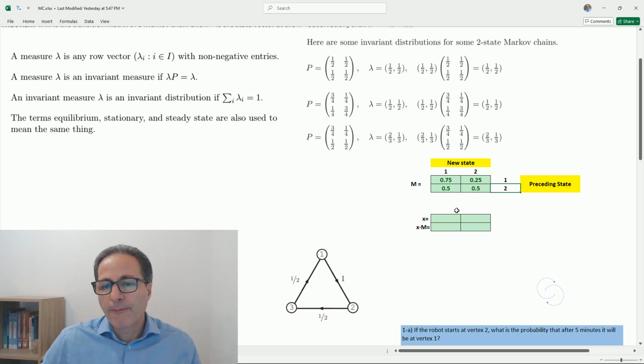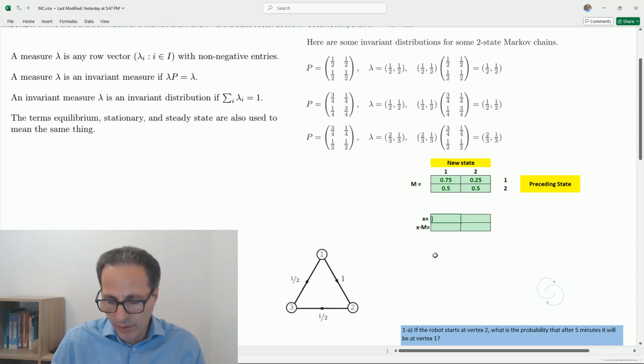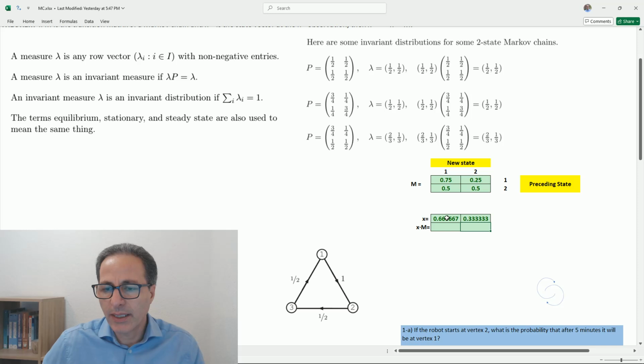So this is the transition matrix. And we want to check whether 2/3 and 1/3, this vector, is an invariant distribution or not. If the question asks this, you don't need to solve any problem. You just give the same values here. Here I write 2/3 and here 1/3 or 1 minus that one, which is exactly the same.